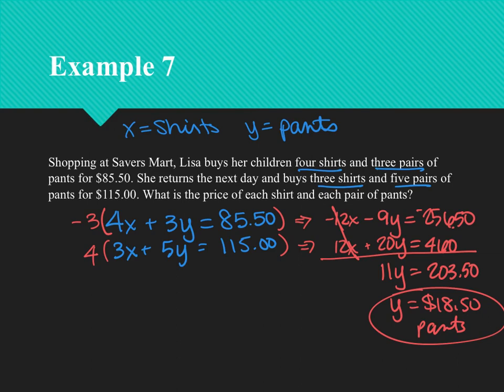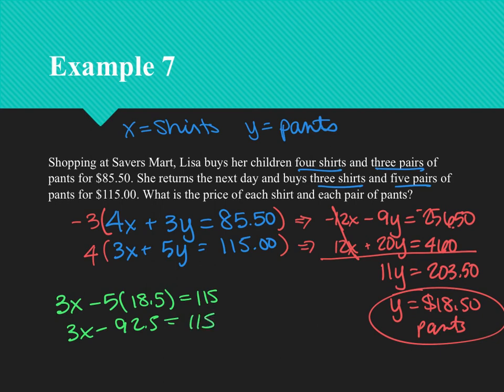And then I'm going to plug that in. Again, I'll just use the bottom equation to solve for my number of shirts. So this gives me 3x minus 5 times 18.5 equals 115, or 3x minus 5 times 18.5, which is really 92.5, equals 115.